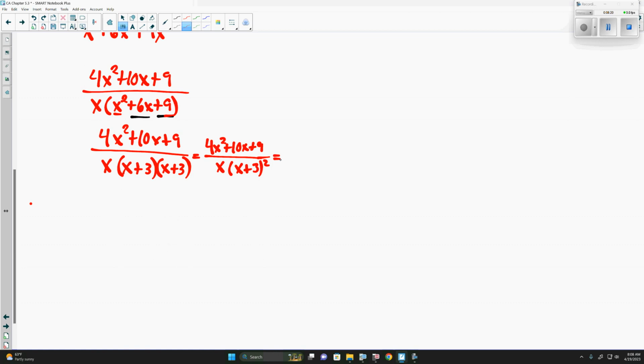Questions on how we got to this point here? Well, now we need to see how many factors or fractions we will have. How many factors do we have in the denominator? 3, yes? So we will have 1, 2, 3 fractions.